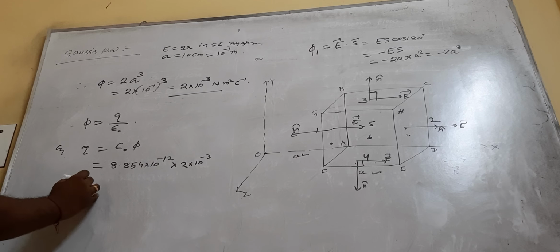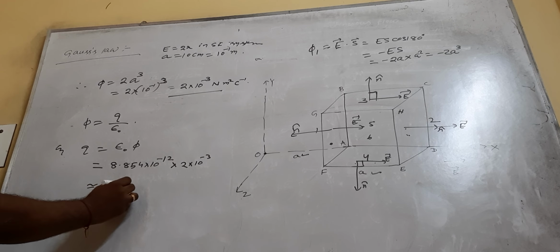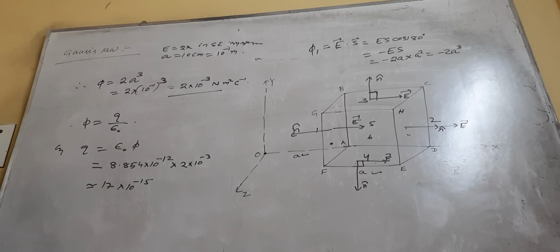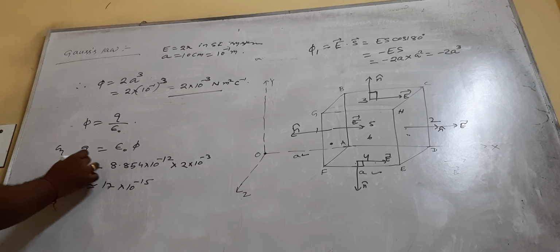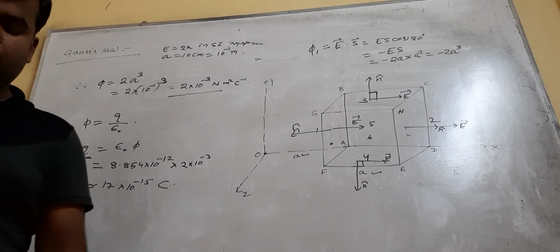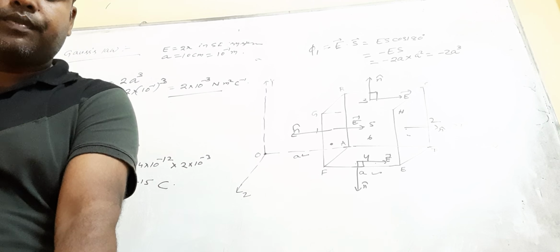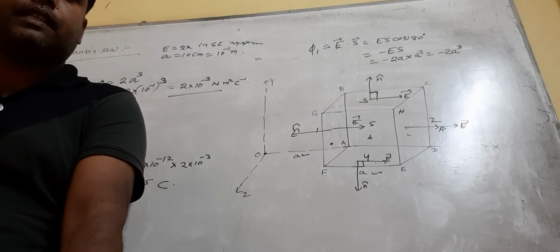You will solve it. It is nearly 17 into 10 to the power minus 15. What will be the unit? Charge it is, so the unit is Coulomb. So it is your Gauss law. So next we have to learn applications of Gauss law.